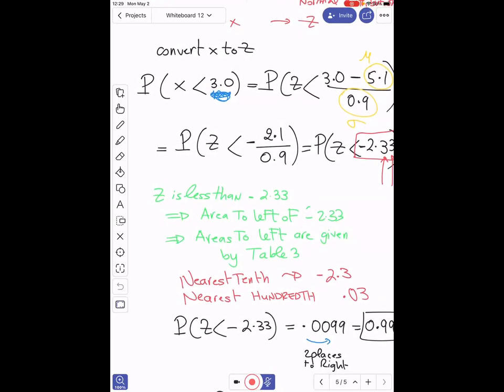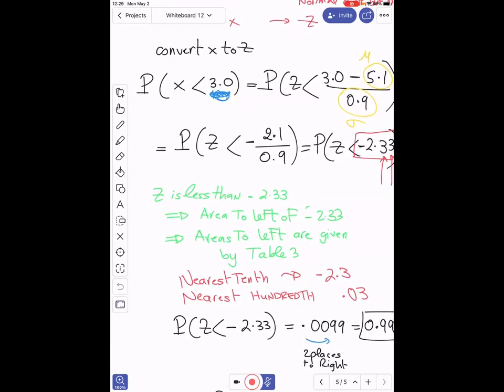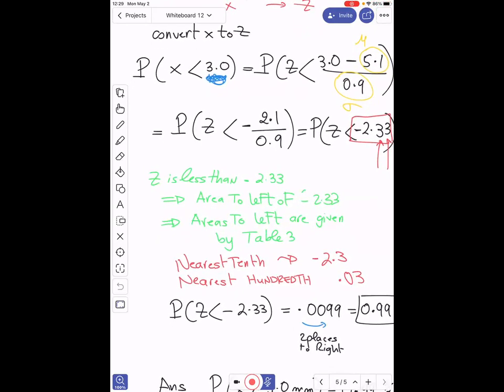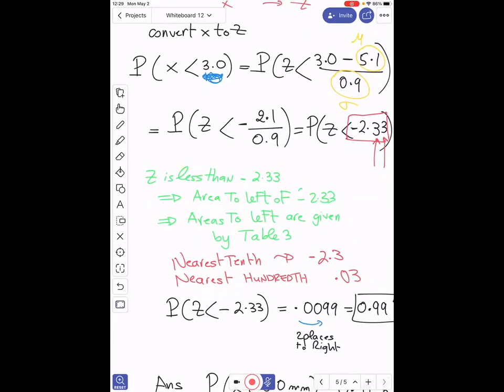It says books sold in the bookstore, etc. It doesn't say normal distribution. So in general, in this chapter 7, either you see there is a normal distribution, or if you don't see a normal distribution, then that will probably be a binomial distribution. I'm going to discuss the binomial distribution in exercises 3 and 4.